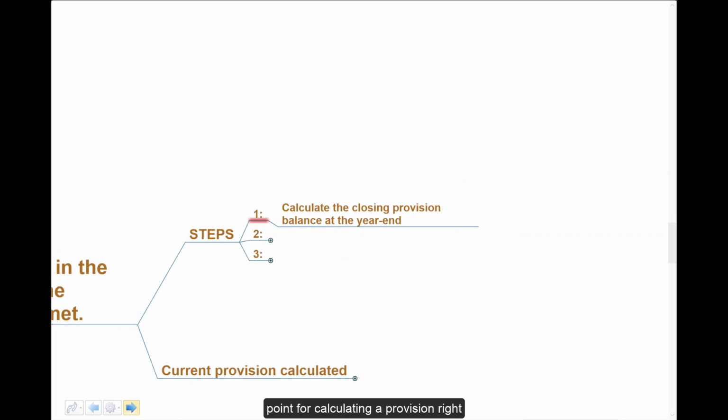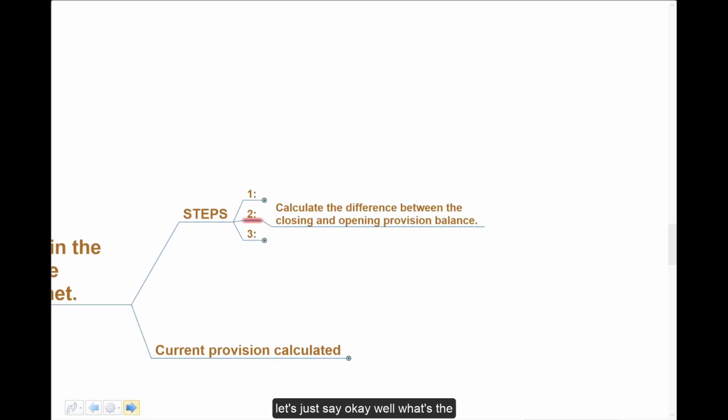So our starting point for calculating a provision right now is to calculate the closing provision. So what's our estimate of the provision as at the balance year end right now? Okay, once we've done that, let's ask, what's the difference between the closing provision and what the opening provision was?